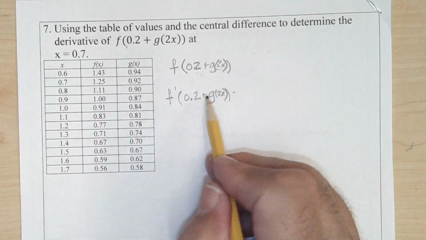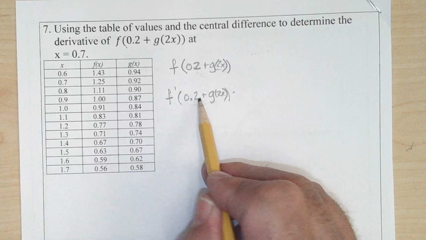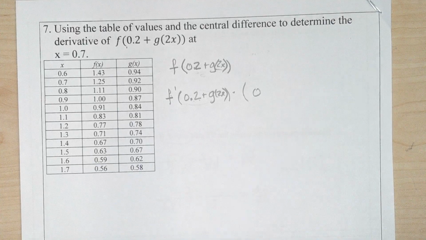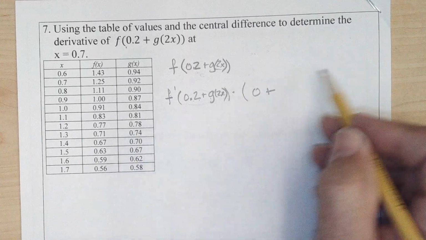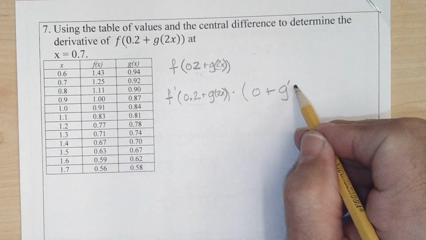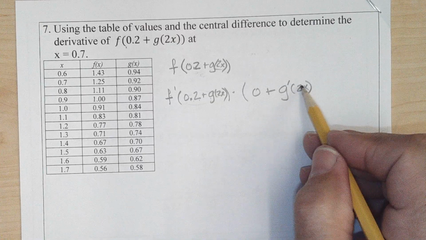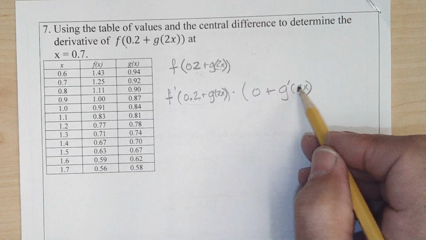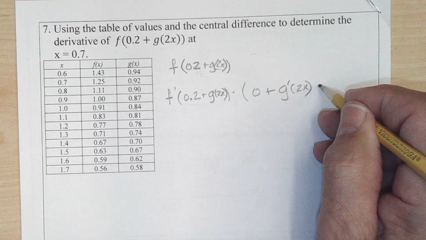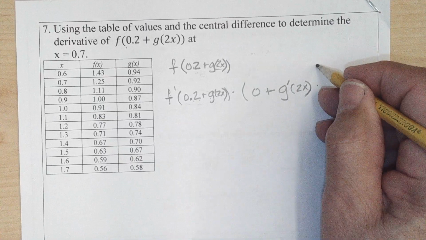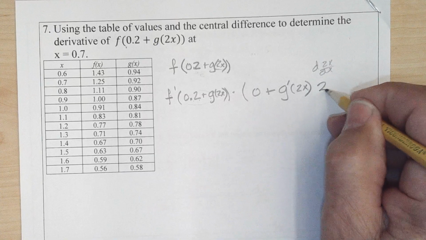Times, on the outside, the derivative of the stuff. Now, the derivative of 0.2 is 0, because there's no x on it, plus the derivative of g of something is g prime of that something, of that stuff. And then to find the derivative of this completely, we have to do the derivative of 2x. So it's times the derivative of 2x with respect to x, which is just a 2.